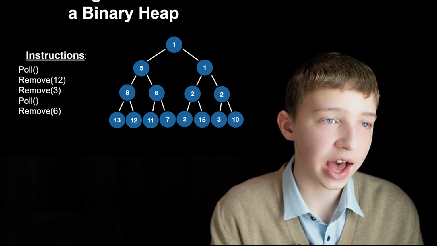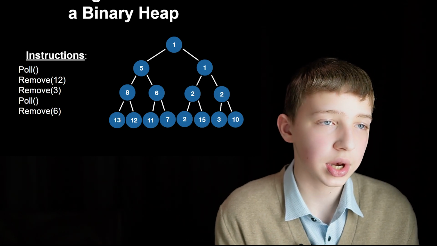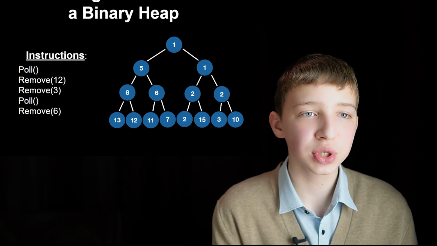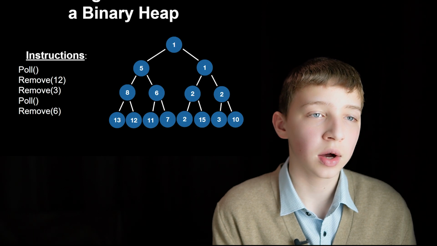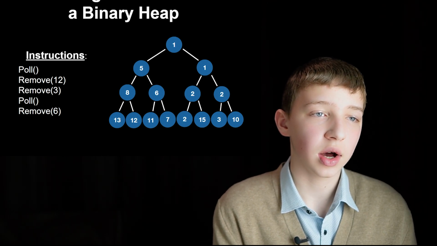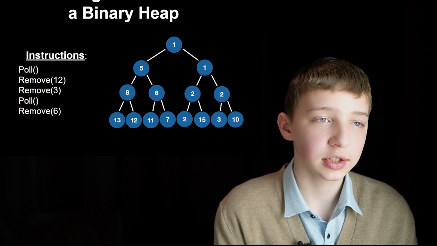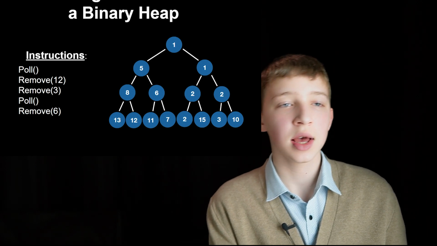Now we have on the left a list of instructions, a pull and a remove instruction. So in general, with heaps, we want to remove the root value, the node at the top of the heap, because it's the node of interest.